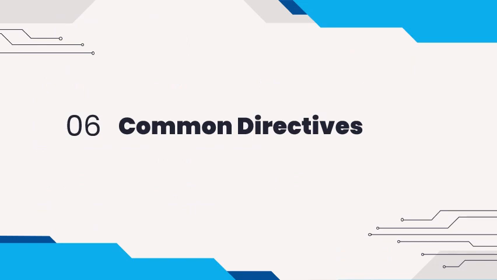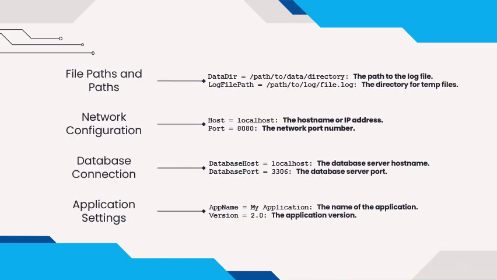On the next slide, I am going to present some directives that are often found in .ini files. The directives can vary depending on the specific application or software. However, some directives are commonly used across different applications and systems.